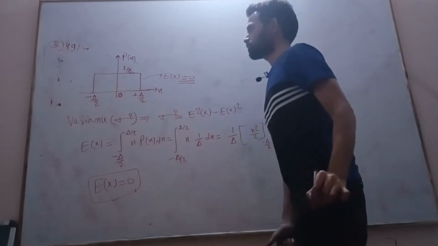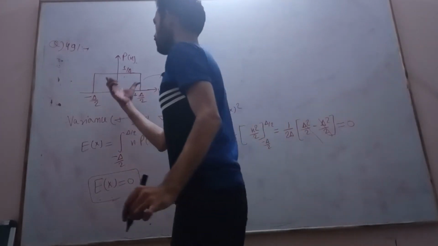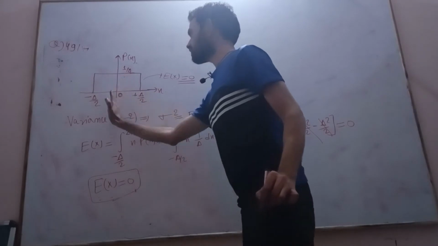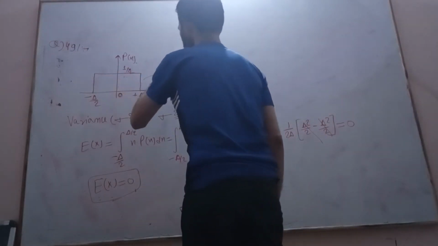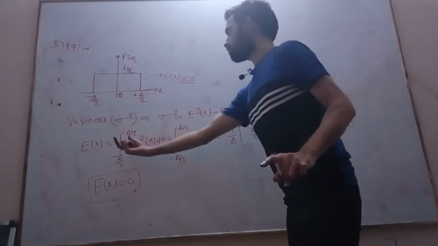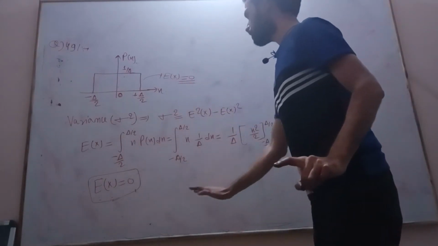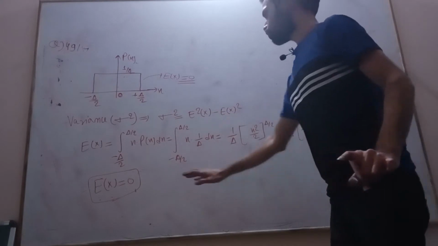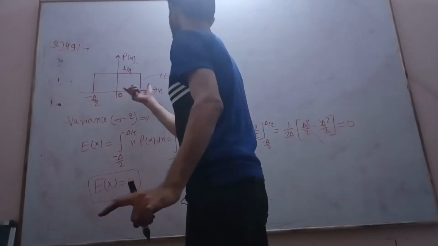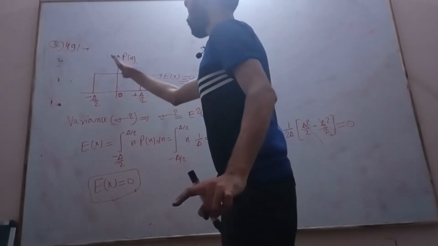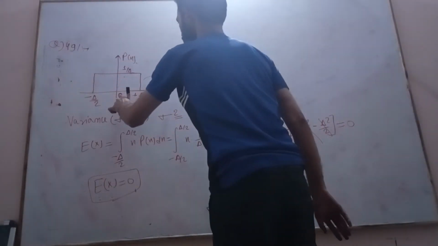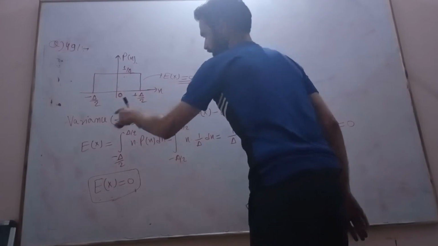For a uniform distribution, the mean is always the midpoint, and the midpoint is the expectation or mean. So there is no need to do this by integration; directly you can say the mean is always about the midpoint.